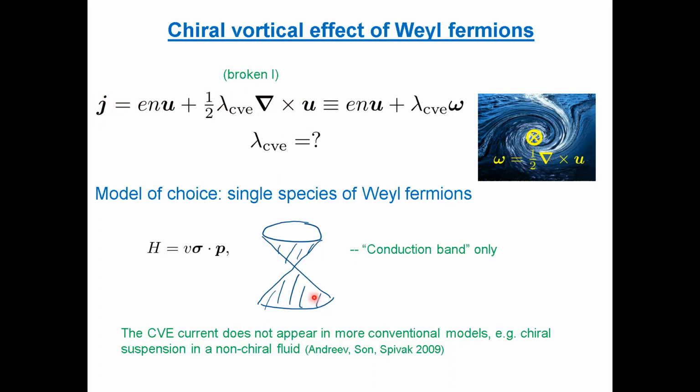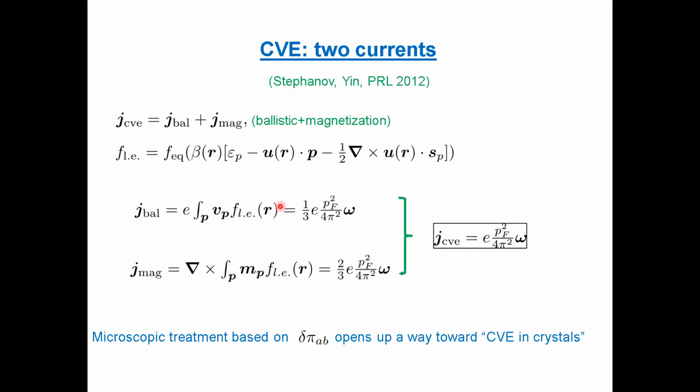Okay. So basically, I would like to show you that this non-locality of the equilibrium distribution function will lead to this chiral vortical effect. This is done in a very simple way, and I am borrowing this discussion from the work by Misha Stefanov.